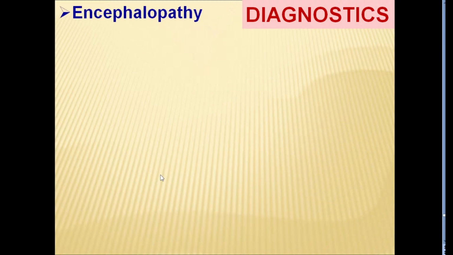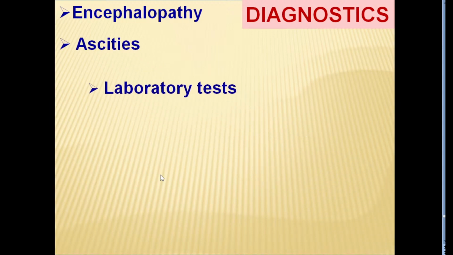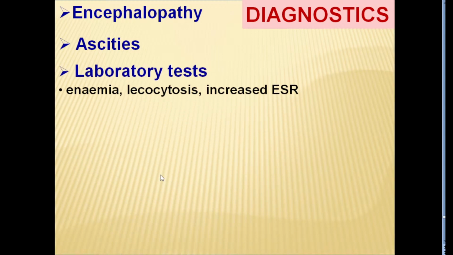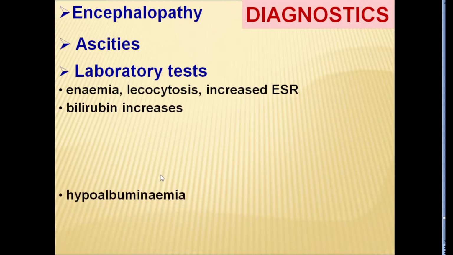Diagnostic process of liver insufficiency. First of all, we assess the psychic behavior of the patient to reveal signs of encephalopathy due to decreased detoxification function of the liver. We pay attention to ascites. In laboratory tests, obligatory specific changes in blood analysis: anemia, leukocytosis, increased ESR as a result of secondary bacterial infection and hypersplenism. The level of bilirubin increases.